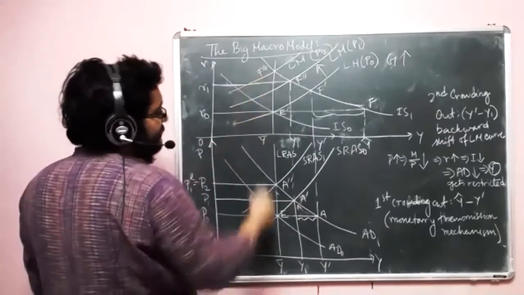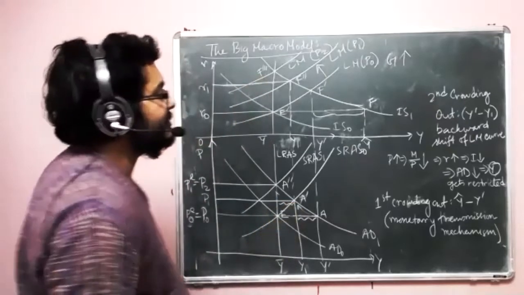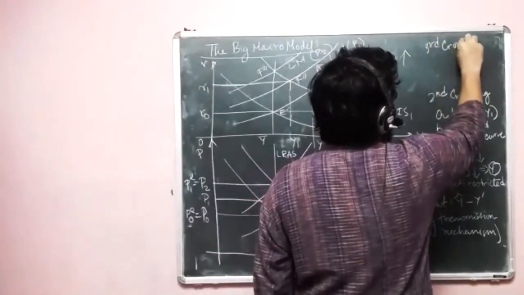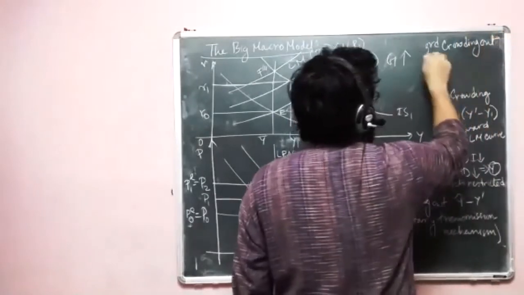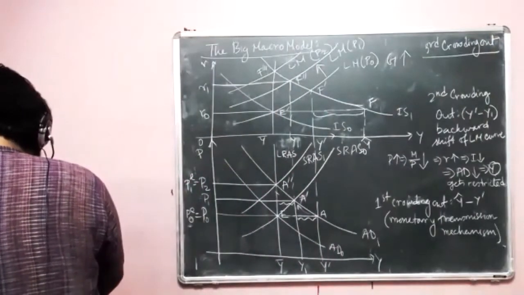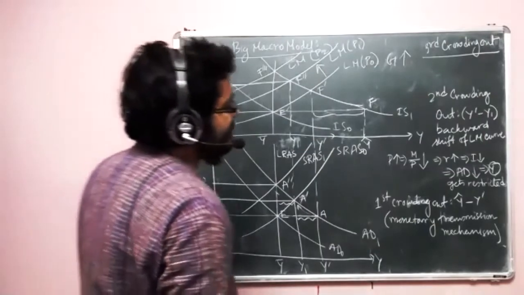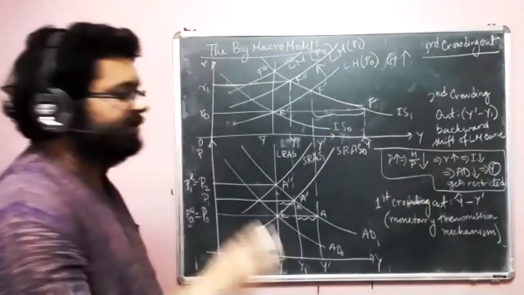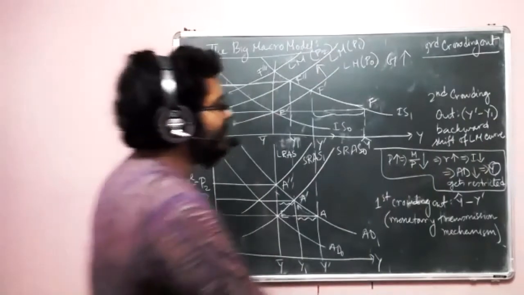And this is the crowding out at the last stage, which makes it full. So third crowding out, and output returns to Y bar. Now again, the third crowding out happens for a different reason, in the sense that this chain that we talked about remains there in the third crowding out, but something is added here. And what is added here?